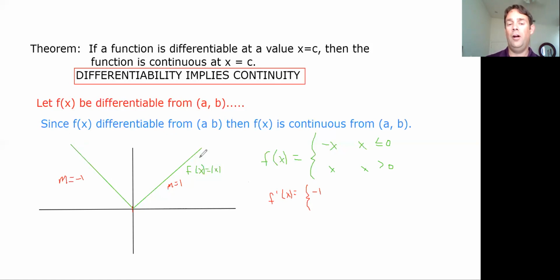The derivative of the second part would have been +1. But what would have been the derivative when it was at 0? Let's draw that. What would have been the derivative when it's at 0?